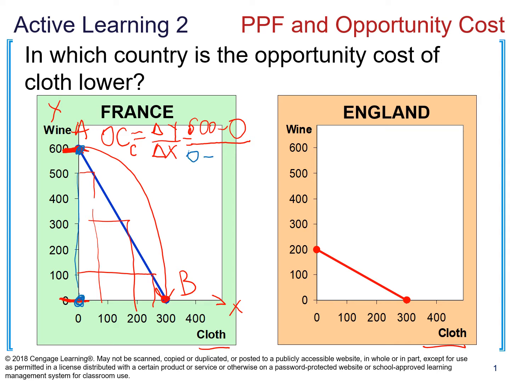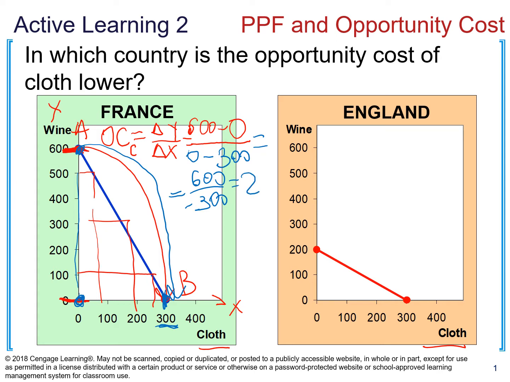And when we move all the way to point B, how much is our X? Our X, the units of clothes that we're producing right now, is 300. So 300 minus 0. Remember, we have our 600 divided by 300. And remember, it's negative, but we're going to ignore that negative sign. So it's going to be equal exactly to 2 units.